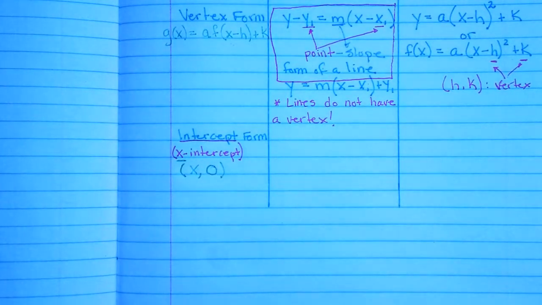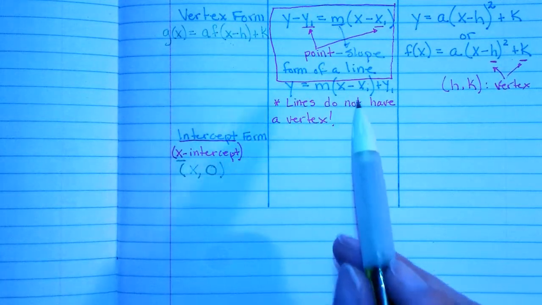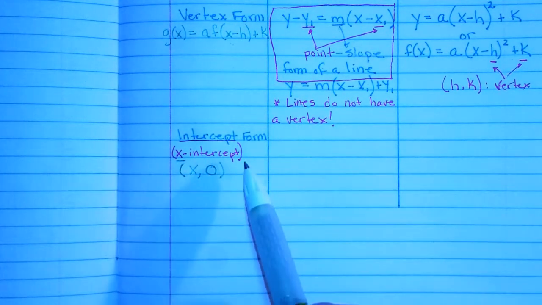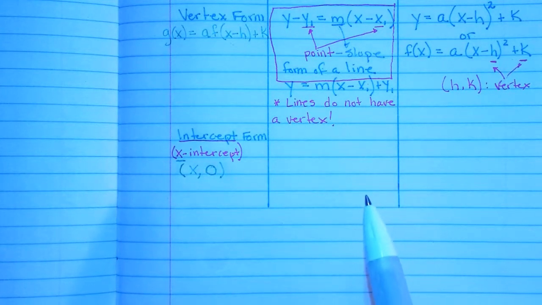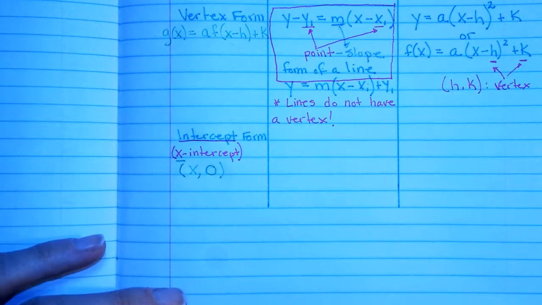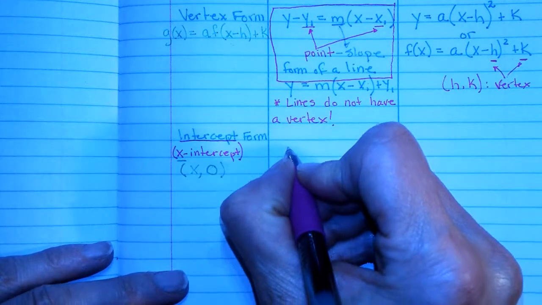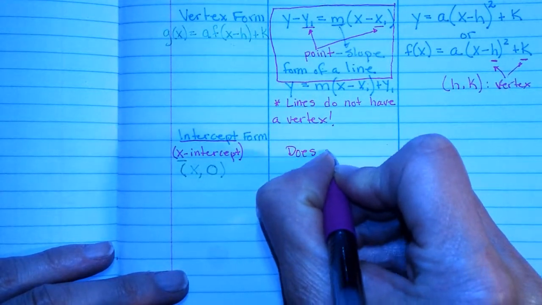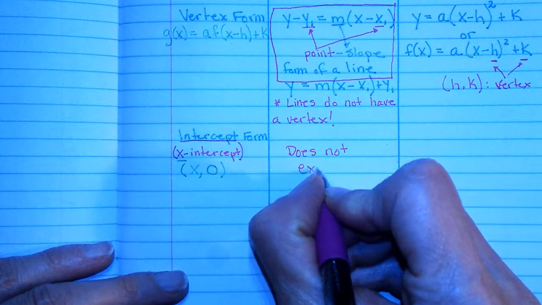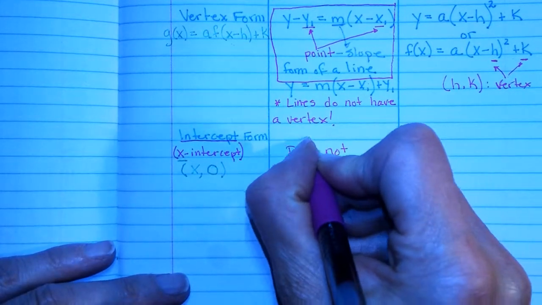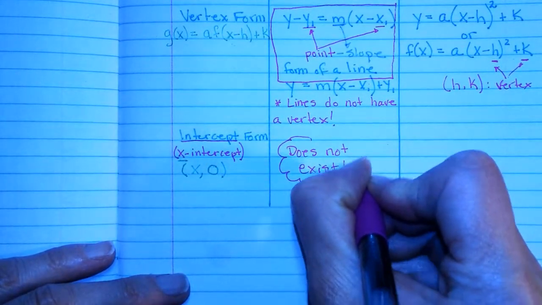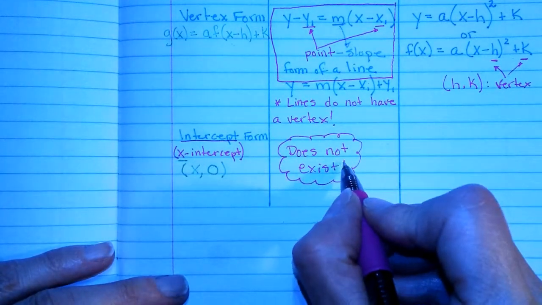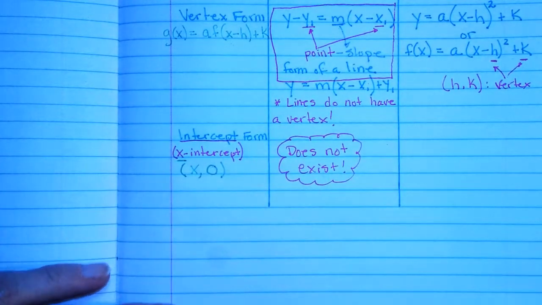Now, you may think, okay, I can go ahead and do intercept form of a line, but actually you can't. You can find the x-intercept, but there is no such thing. So as far as the intercept form goes, this does not exist for a line. That's not to say you can't find the x-intercept. This is just saying there is no form for a line.